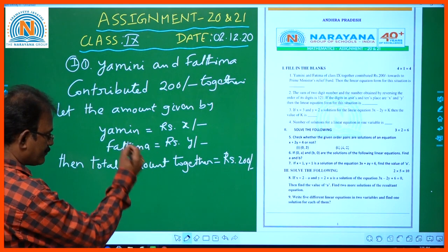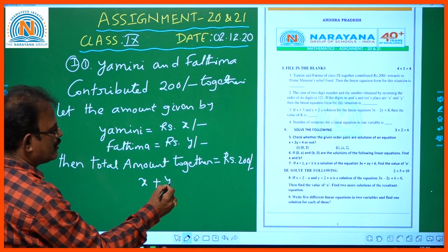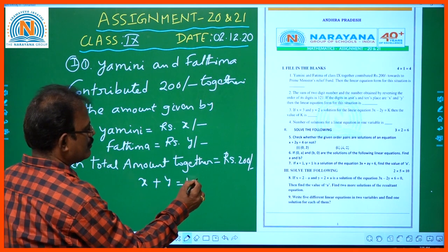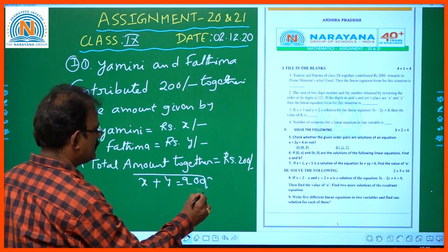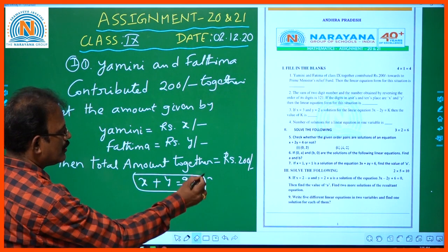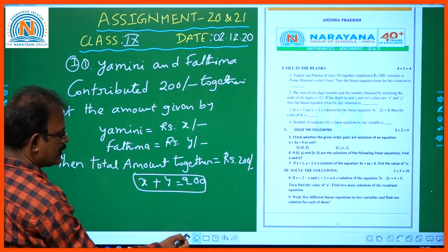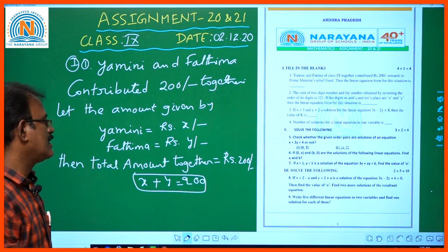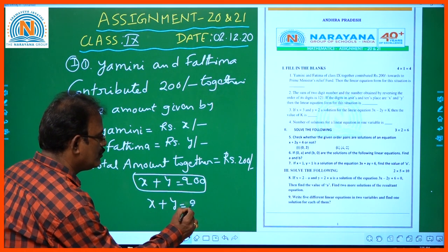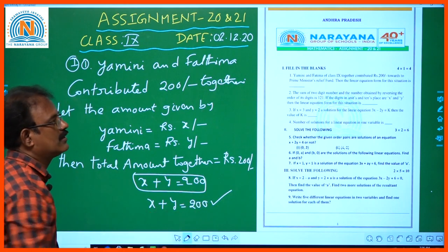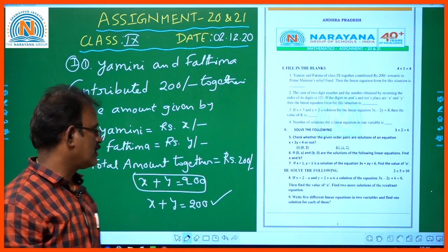So Yamini's amount plus Fatima's amount is equal to 200 together. So what is the linear equation here? x plus y is equal to 200. Okay, x plus y is equal to 200. This is for the first question.